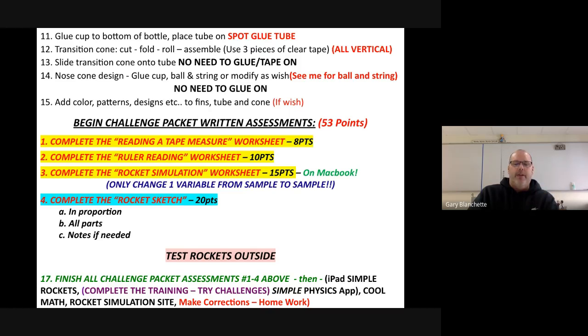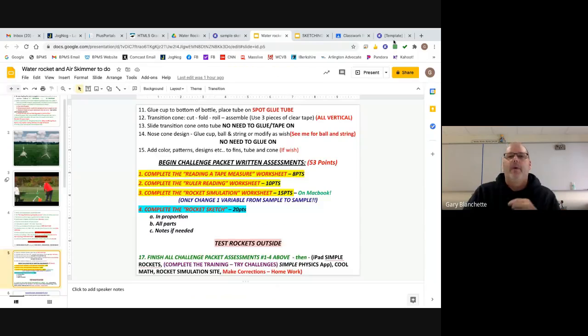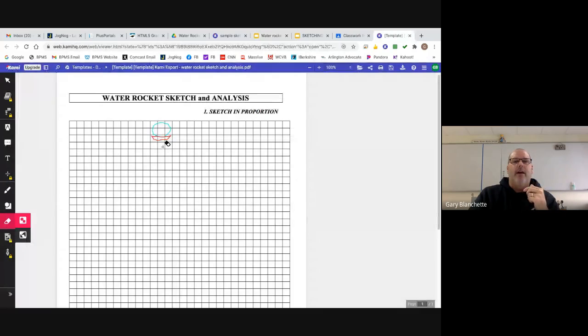You can do it on pencil and paper with the graph paper that I put in your challenge packet, or another piece of paper if you wish. Or you can come to Kami and open up that template that I have right there and use your drawing tool.